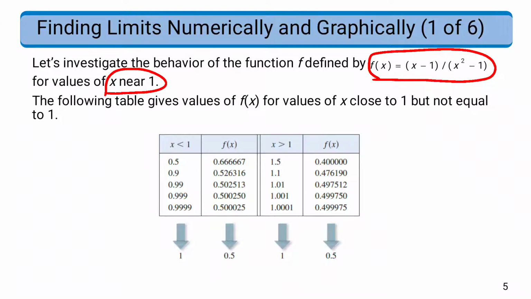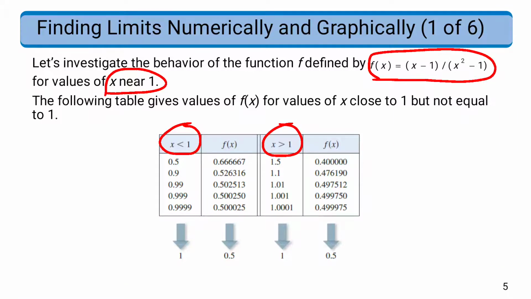There are 2 sides to the point 1: we can have values which are less than 1, or values which are greater than 1. We are not interested in x equals 1 itself at the moment. We are just looking at the neighborhood of 1, as we get closer and closer to 1.